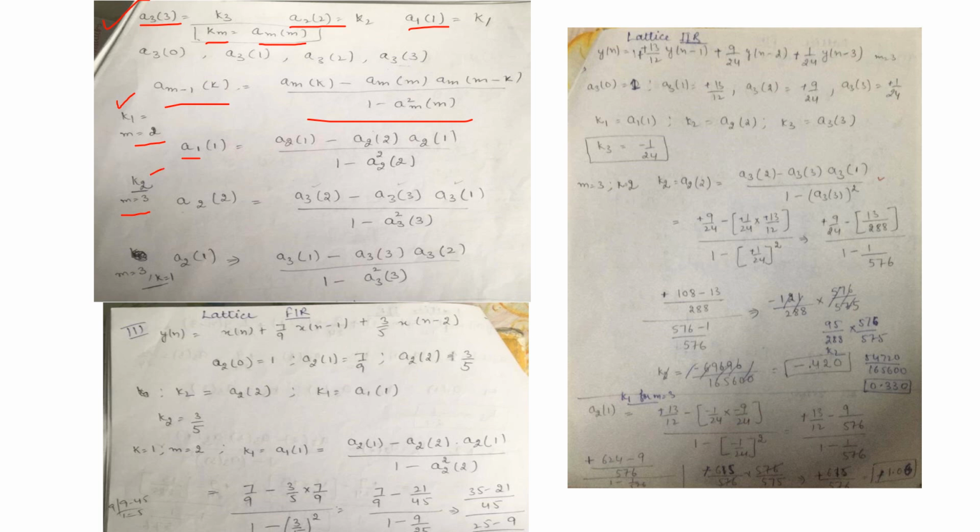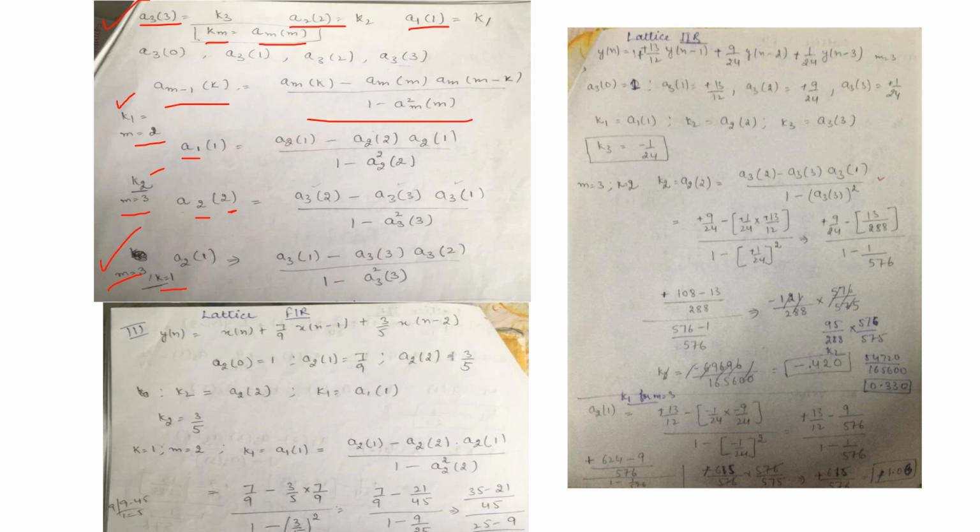Then you will write A of 3 minus 2 is 1, A1 of 2, because you are calculating K2. Here you are calculating for third order filter the value of K1. For third order filter, A3 of 3 is K3, which will be given. You have to calculate the value of K1 and K2.